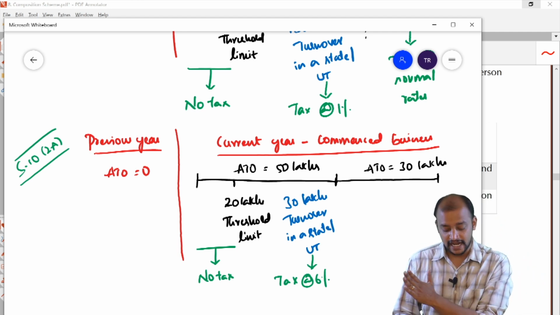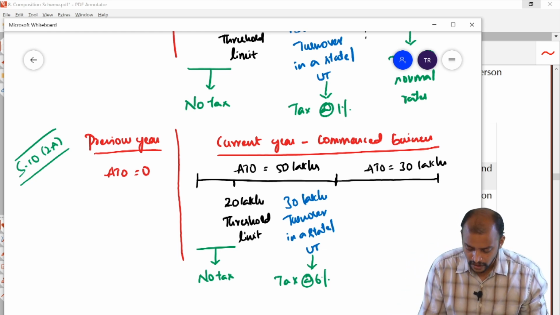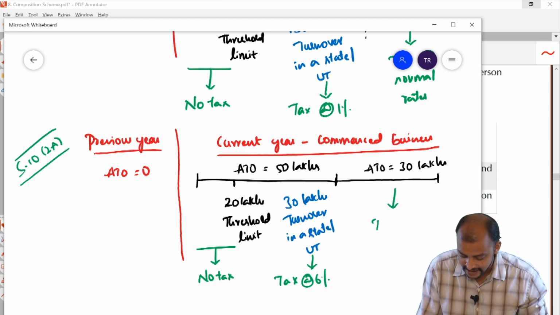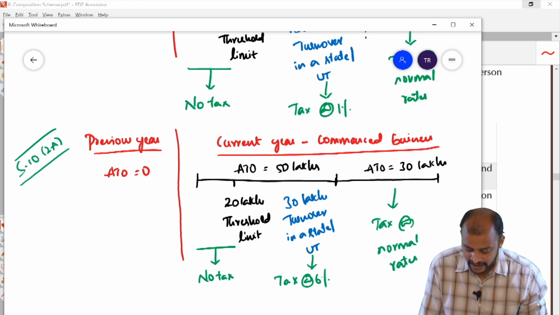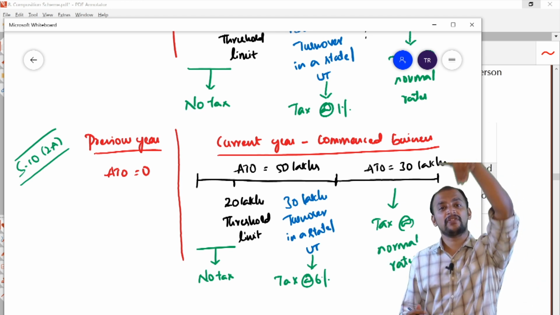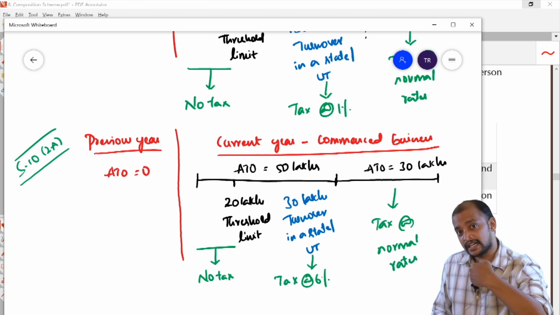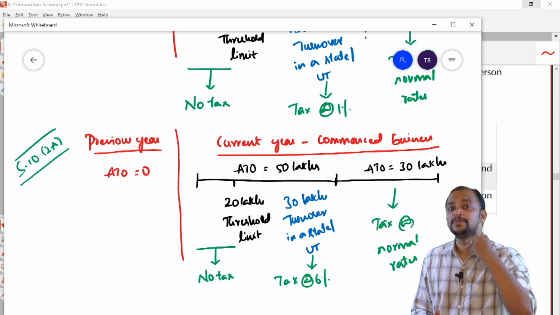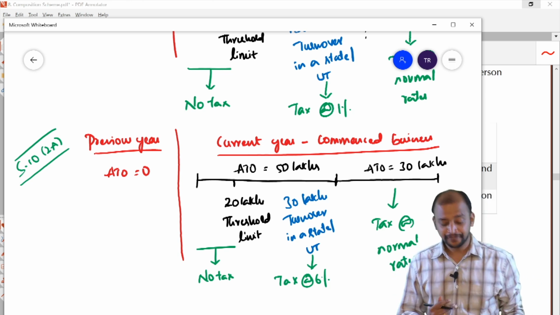Beyond this 50 lakhs, for the remaining 30 lakhs, no doubt we need to pay tax. At what rate? Tax at normal rates. Why normal rates? Because 10 subsection 3 says, once your aggregate turnover crosses 50 lakhs, you cannot be in the scheme, means you need to come out of the scheme.